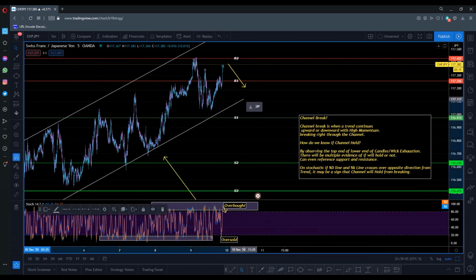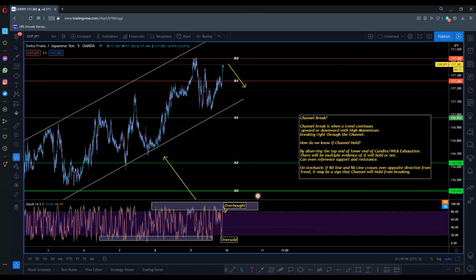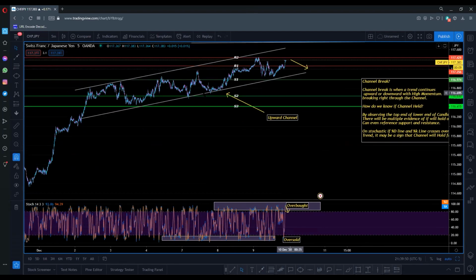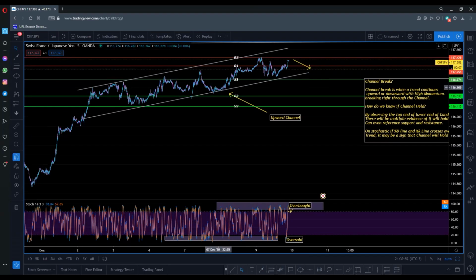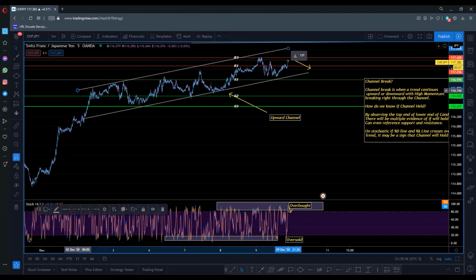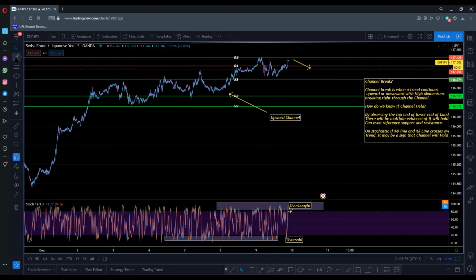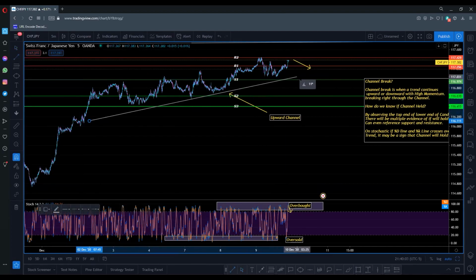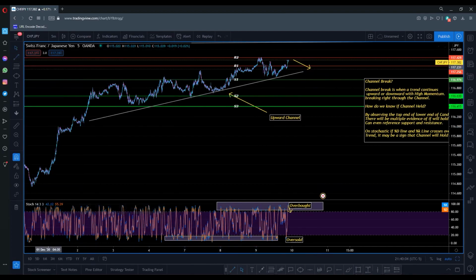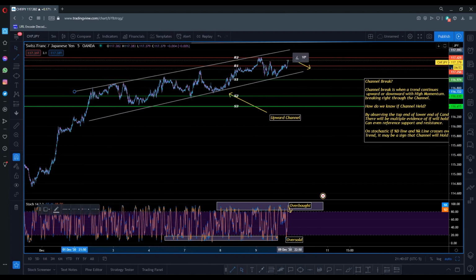So with the current support and resistance that you guys are already aware of how to use, I want you guys to get used to drawing these channels, right? It's super easy. All you're doing is grabbing the trend line and connecting all the lower ends, and connecting all the higher ends, and thus creating a perfect channel.